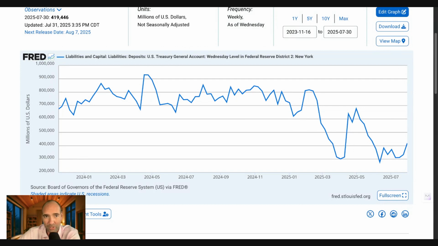So because the U.S. couldn't issue any more debt, we were just draining from this account. Then it went back up because of the U.S. tax season, and then it was just drained again. Since now we have lifted the debt ceiling, now we can reissue bills to refill this account, and we are exactly at that point of the refill.